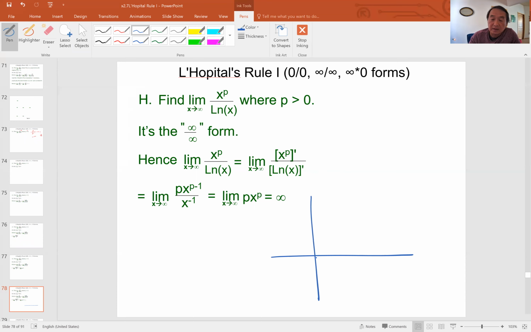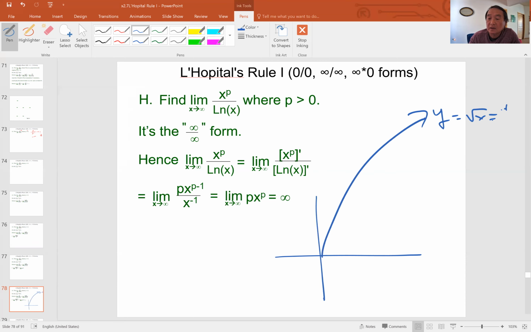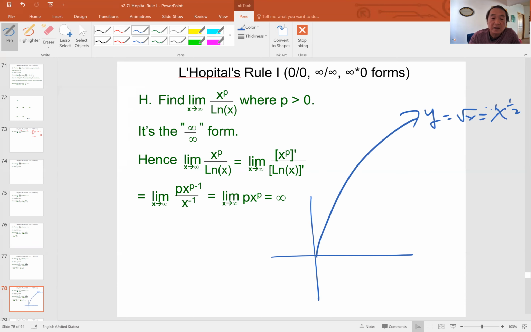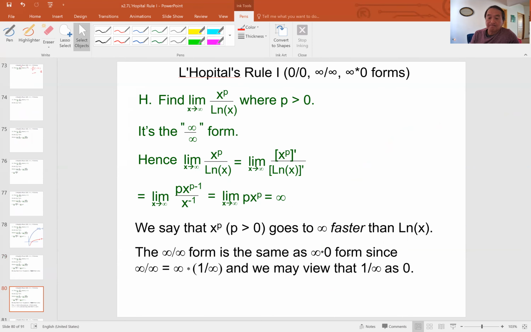For instance, y equals square root of x is a power function, and here's the log function. Remember, log goes to minus infinity, and it goes up very, very slowly, crossing at 1, 0. So power divided by log, the ratio is infinity.